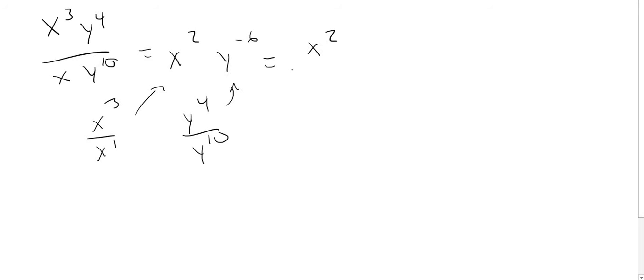I can actually break that down a little bit further because a negative exponent tells me to move y to the 6th on the bottom, and that's my final answer. So when you're asked to simplify, you should make sure you have one of each variable and no negative exponents, also no powers to powers. That's how it works. But just take them one at a time. Simplify the x's first, then the y's. If there's more variables, do that.